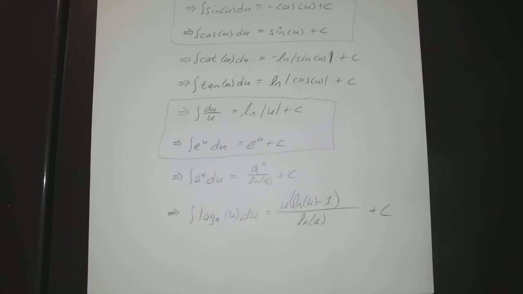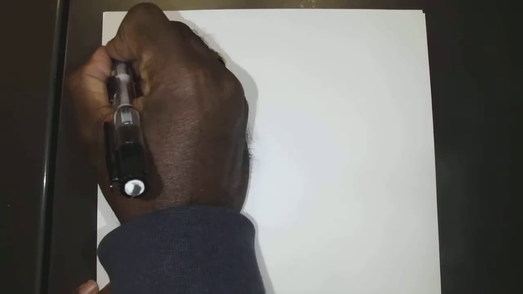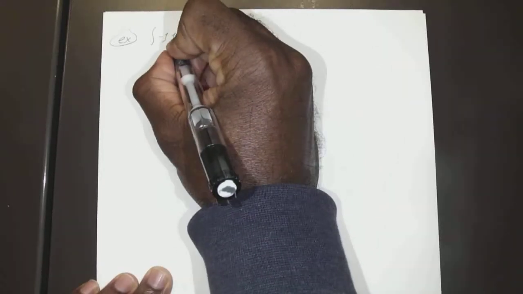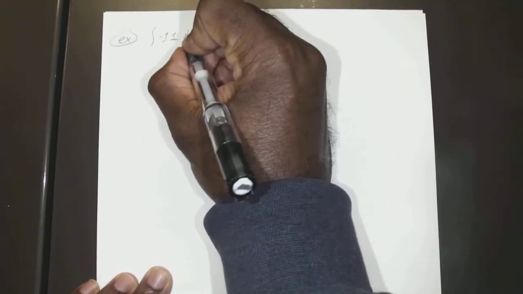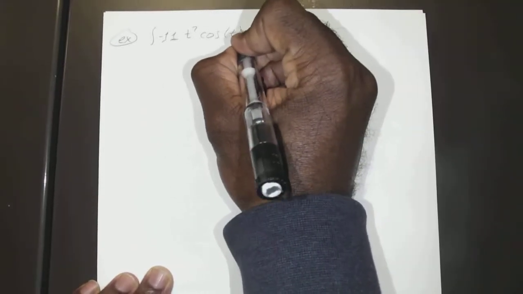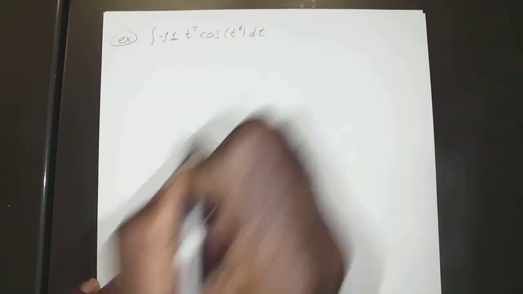All right, so for our first example, say we have the integral of negative 11 times t to the 7th power times cosine of t to the 8th power with respect to t.